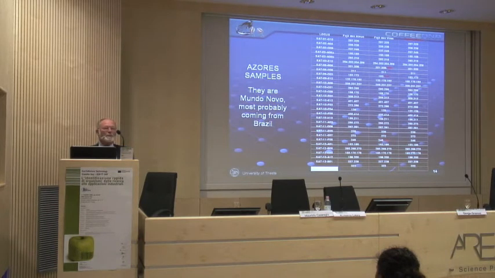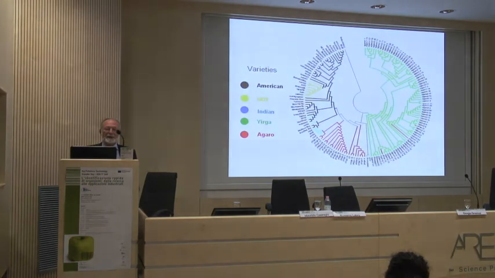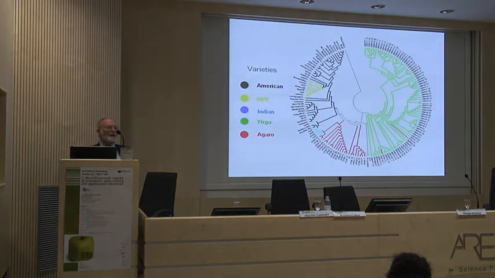So he took a sample, brought it back to our lab. We analyzed the microsatellites and it turned out to be really Arabica, not only Arabica, but variety Mundo Novo, so presumably coming from Brazil. So the method is really powerful, and here is a genealogical tree of the different varieties.